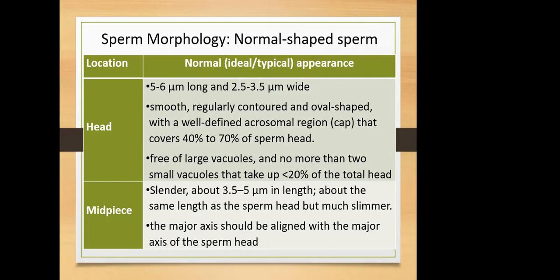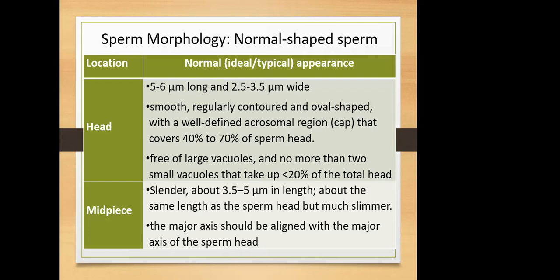Then we come to the midpiece. The midpiece should be slender. Because when you say something is slender, you know what it is. And about 3.5 to 5 microns in length. All right. So, which is about the same length as the sperm head. Remember, the sperm head is going from 5 to 6.